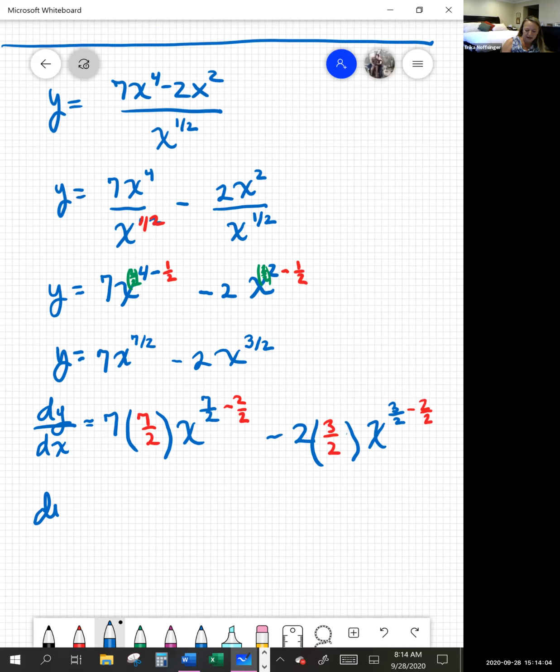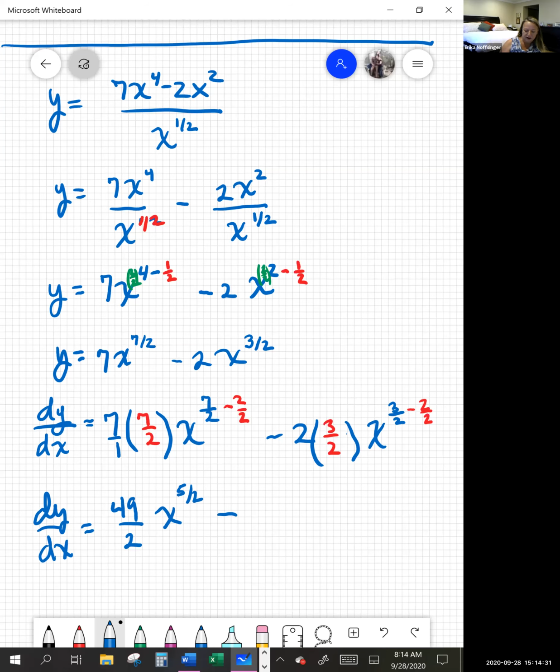So dy over dx is equal to, so rules with multiplication of fractions. There's nothing to simplify, so let's just multiply straight across in the numerator and denominator. So 7 times 7 is 49 all over 1 times 2, which is 2. So we have 49/2 x to the, well, 7/2 minus 2/2 is 5/2.